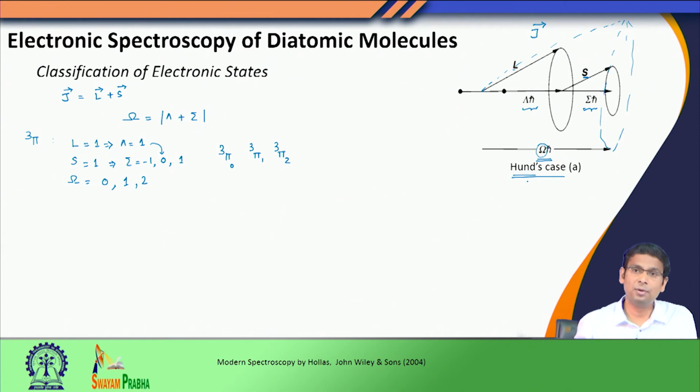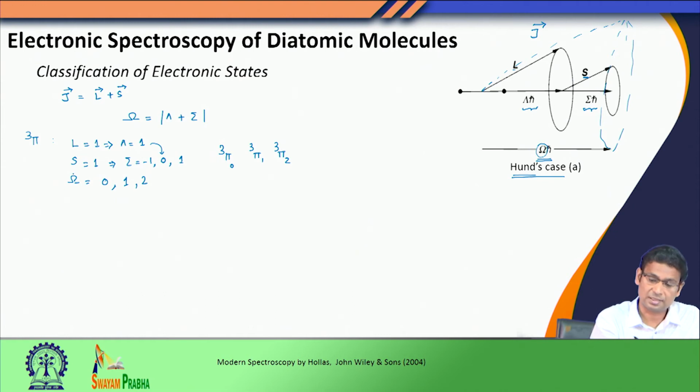The orbital angular momentum and spin are weakly coupled to each other, and the spin of the electron is coupled to the magnetic field being created by the orbital motion of the electron. When these conditions are satisfied, this gives rise to Hund's case A. Similarly, you have Hund's case B, C, and D. We will restrict ourselves to Hund's case A and the definition that we have discussed now.